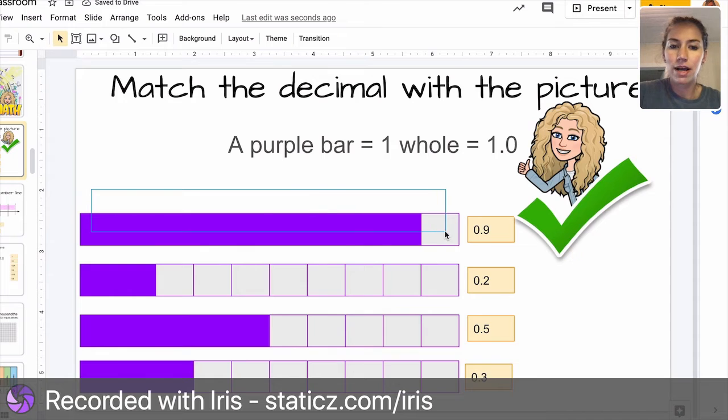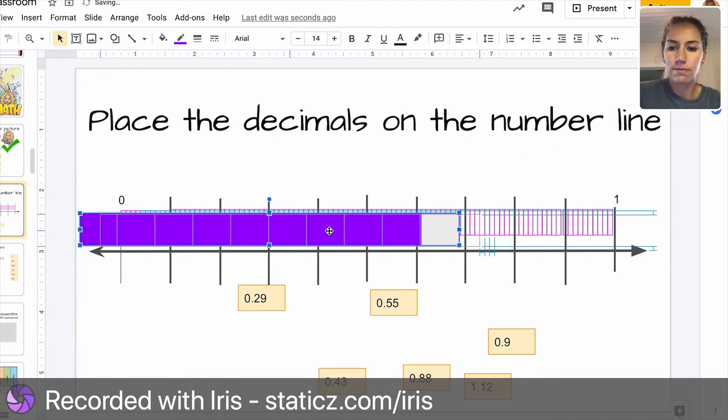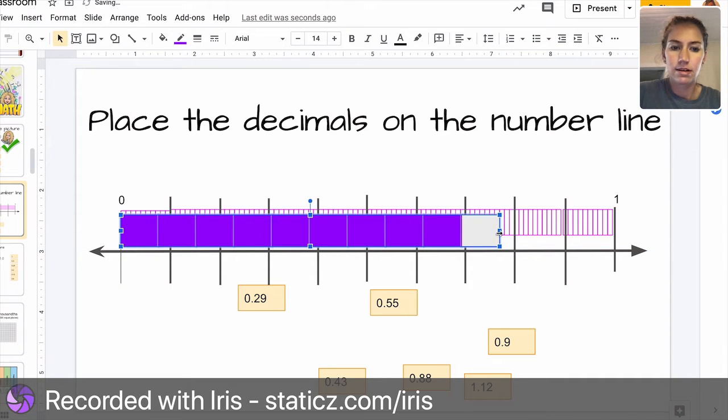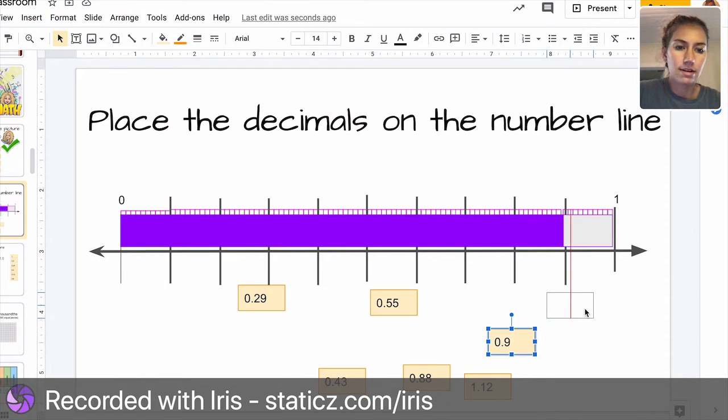If I were to pick up 9 tenths and compare it here, let me make sure it's all the same size. What does 9 tenths look like? 1, 2, 3, 4, 5, 6, 7, 8, 9. 9 tenths is up here because there's 10 equal pieces.